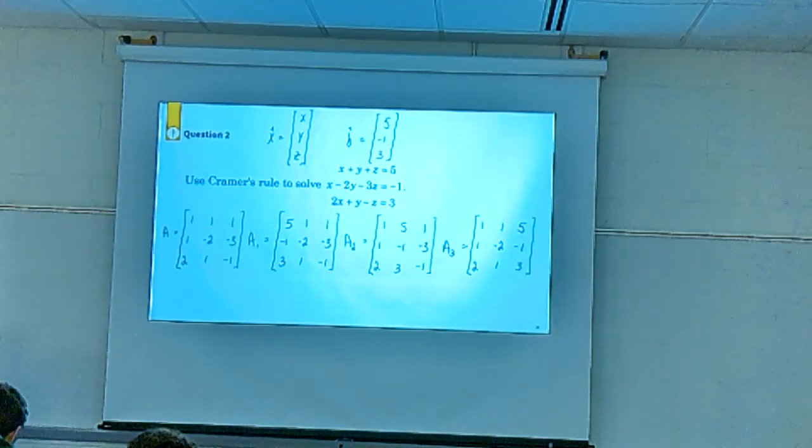Let's write that down. I'll bring that slide up once I get all my determinants. For A2, I'm not sure about this one, I got -28.